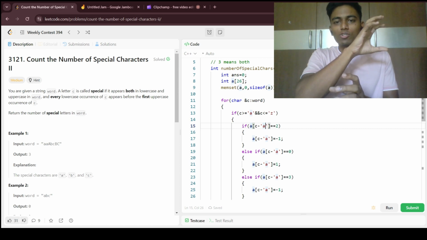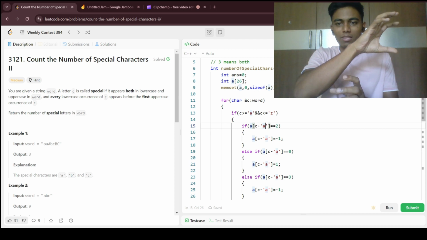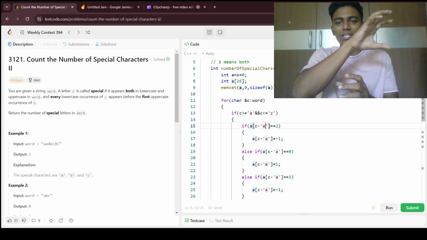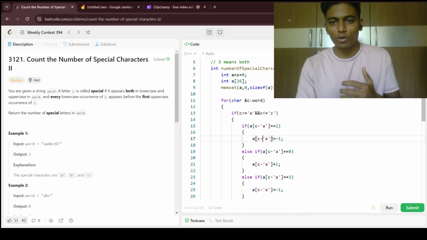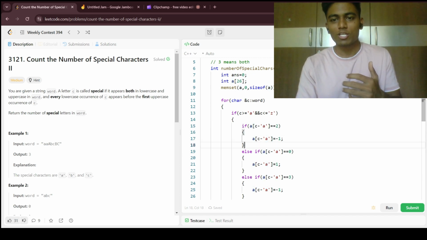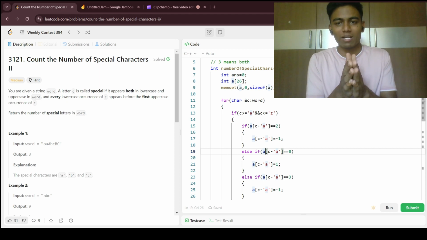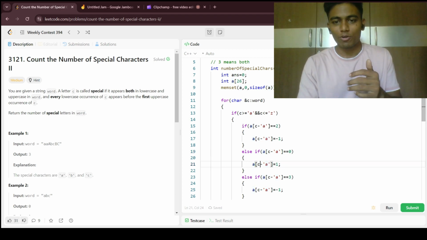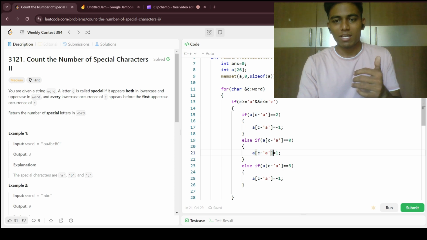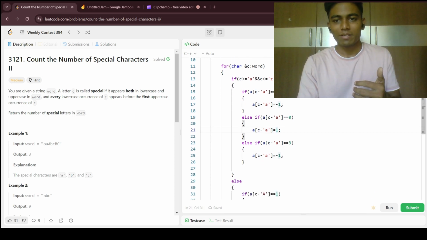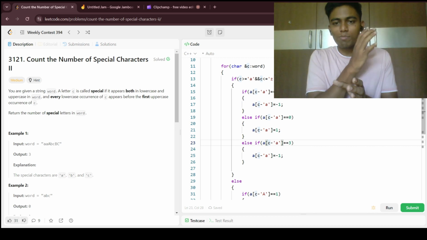That's why we are going to set a of c minus a equal to -1. That means it is not a special character. And then let's say this particular character has not occurred previously, whether as a small character or a capital letter, then we are going to mark this particular character as small letter has occurred, by marking a of c minus a as 1. And if the small letter and the capital letter have both occurred previously, but as of now we have a small letter, that means the capital letter has occurred previously.